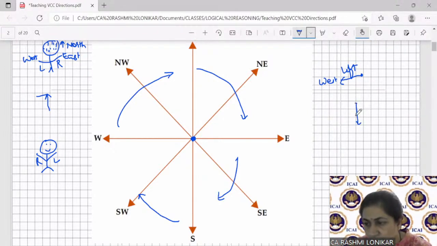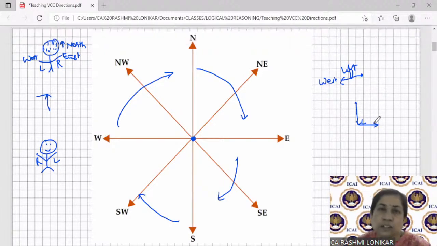His left is on this side, and so we will show it in this direction. When the person is facing in front, towards the north, he moves like this, and then when you say he moves to the left, you go this way. But when the person is standing like this and moving towards the south, and then he moves to the left, that means you're going on this side.